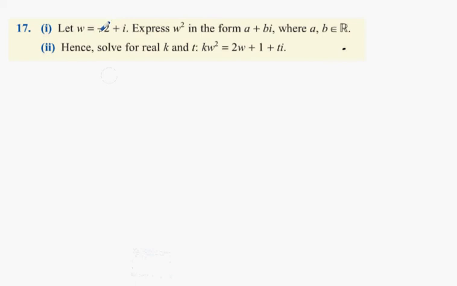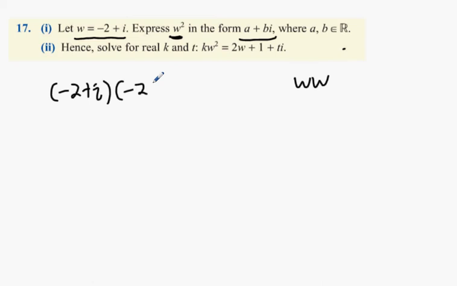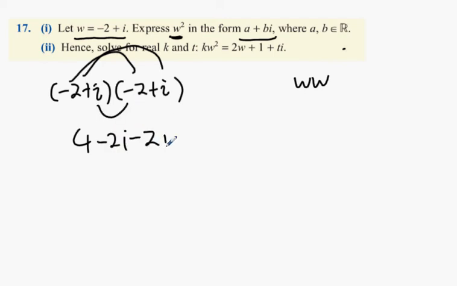w equals minus 2 plus i. Express w squared as a complex number. How do you do w squared? W squared means w multiplied by w. And what is i squared again?